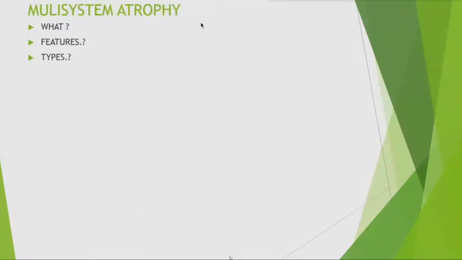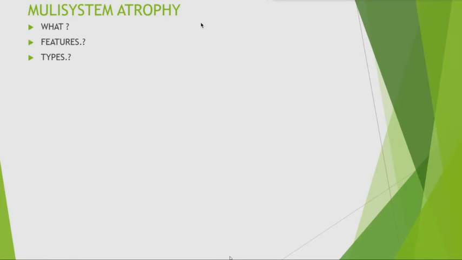So one differential diagnosis is multi-system atrophy. What is multi-system? It is characterized by autonomic failure, and cerebellar symptoms will be there. When it is with the cerebellar system, you call it MSA-C.